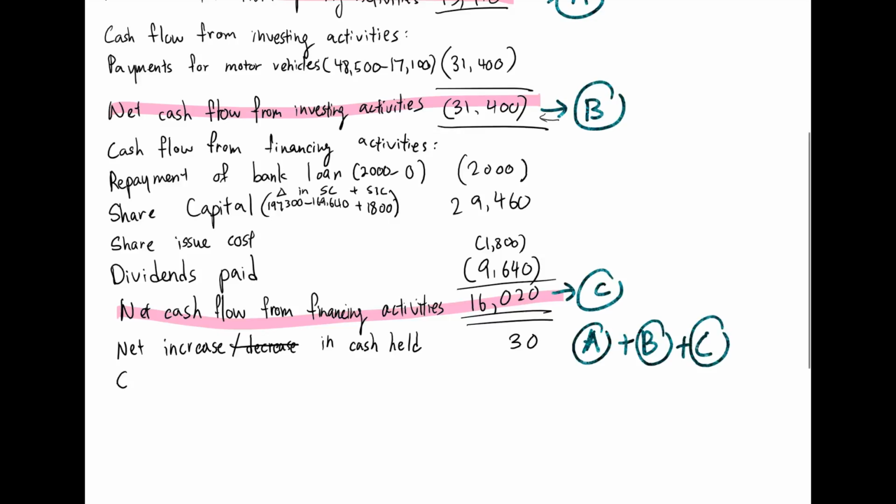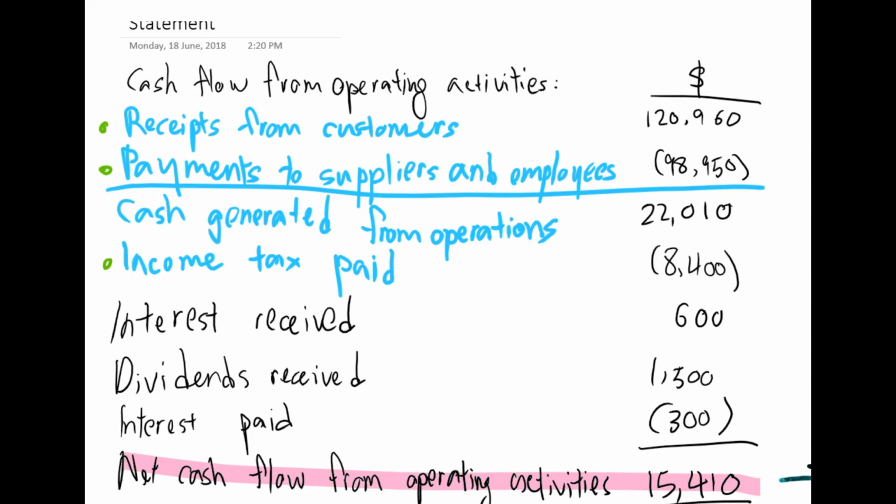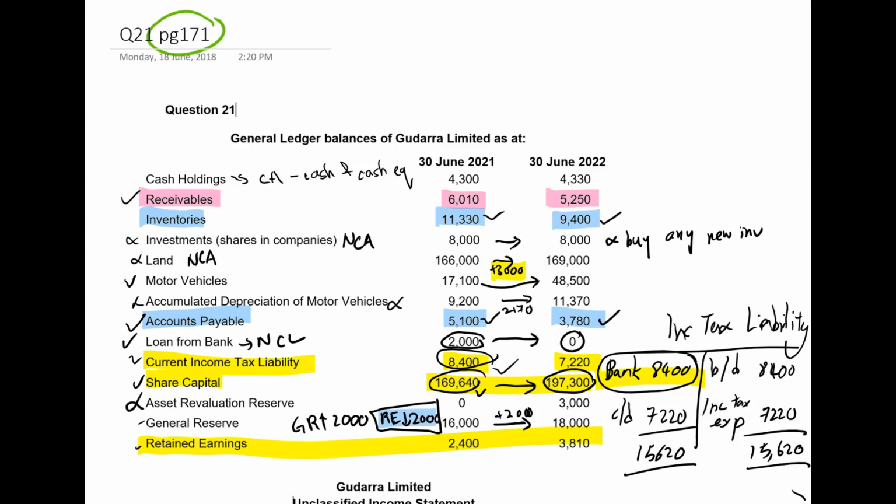So the next thing you need to record is your cash and cash equivalent at the start of the year, which is your cash holdings over here, 4,300.